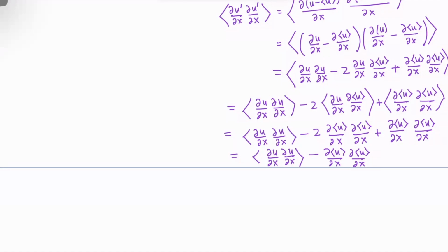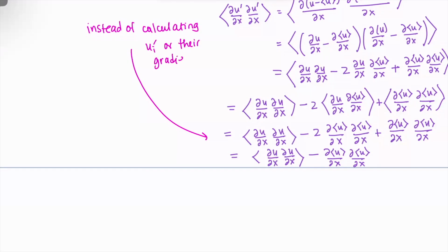So instead of calculating the velocity fluctuations or their gradients in the code, because this would involve essentially running over the whole time, getting the mean velocity, and then going back and post-processing and going through all of those time steps, subtracting off the mean, and then doing gradients of those fluctuations. That's very computationally expensive. We'd rather not do that.